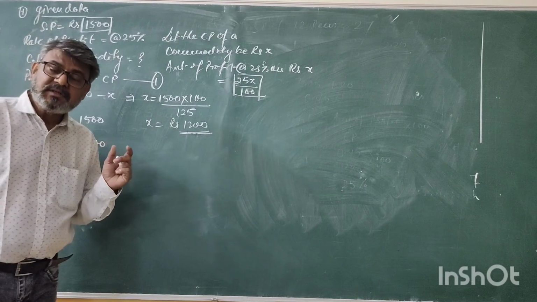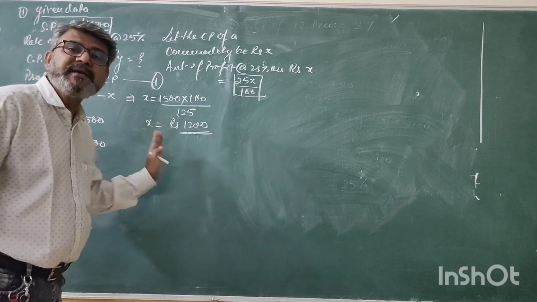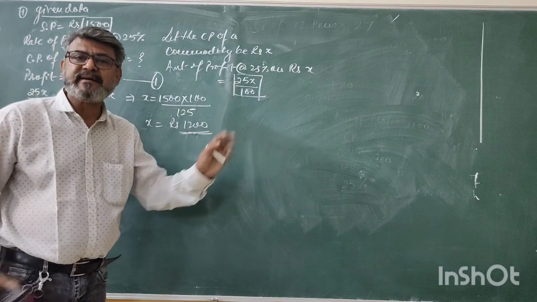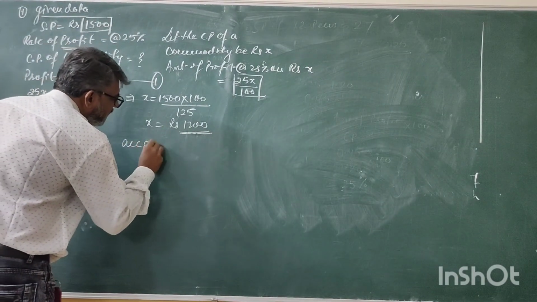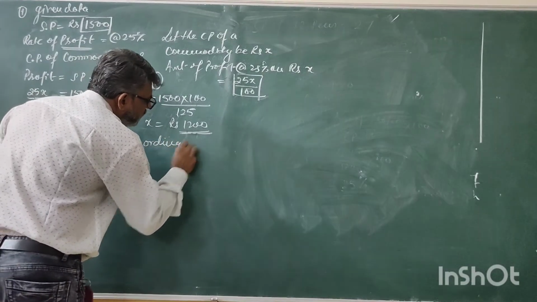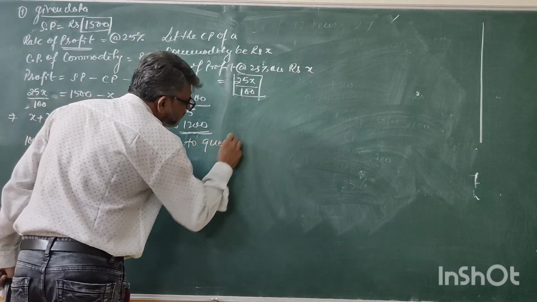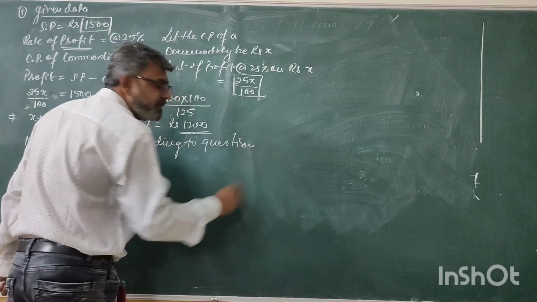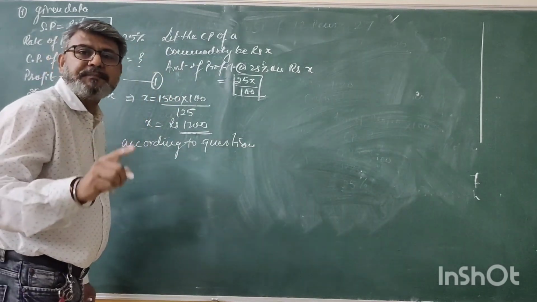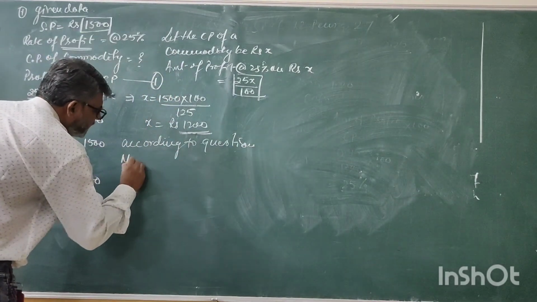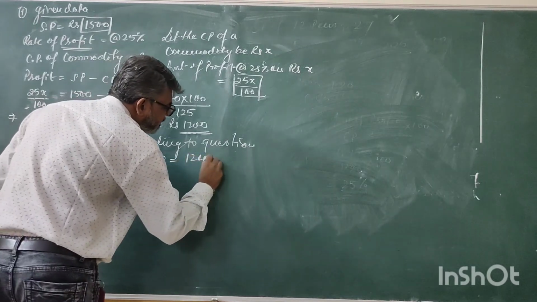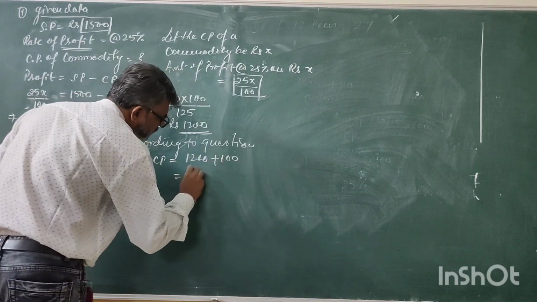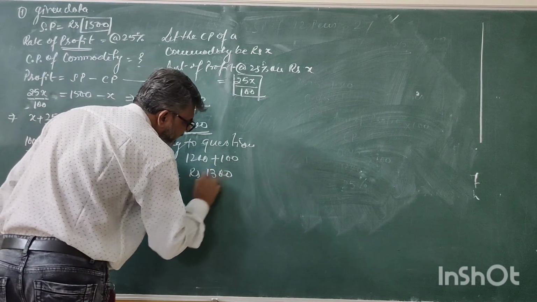According to the question, if the CP is increased by rupees 100, understand? Therefore, according to the question, the CP is increased by rupees 100. Therefore, new CP is equal to 1200 plus 100 is equal to rupees 1300.